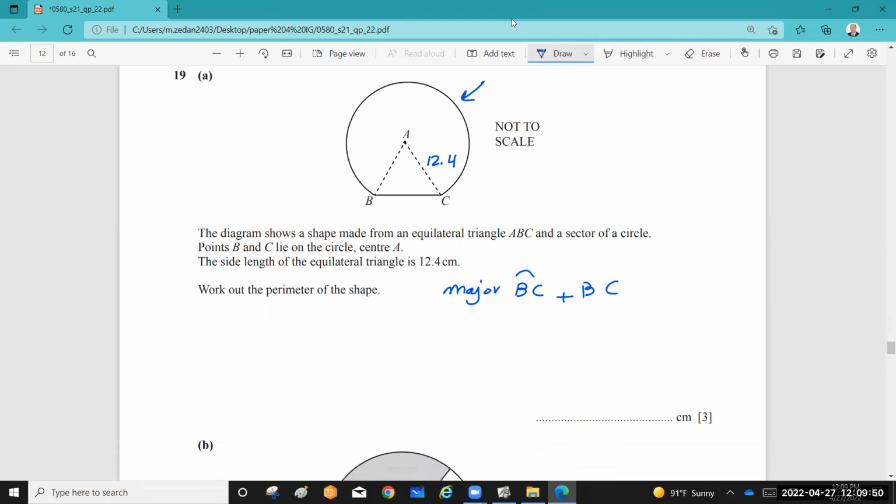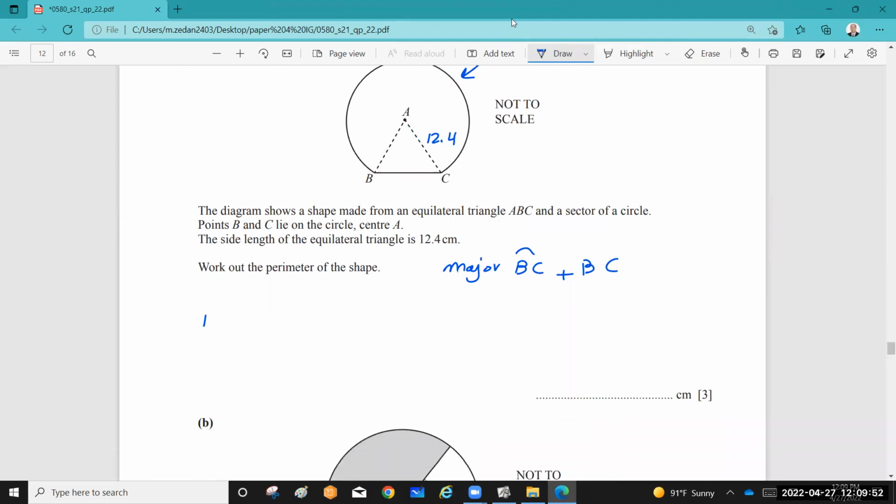So I want to find the length of the major arc BC first. The interior angle of the equilateral triangle is 60, and the reflex angle on the other side is 360 minus 60, which is 300. So the length of the arc is 300 over 360 times the circumference of the circle, 2 times 12.4 times pi. The answer is 64.93.